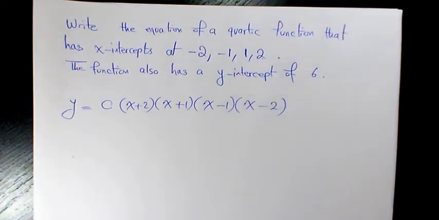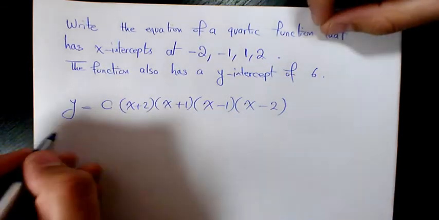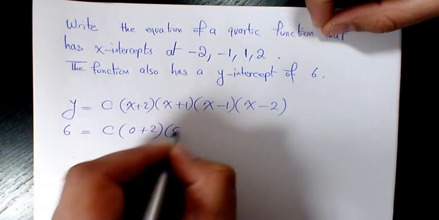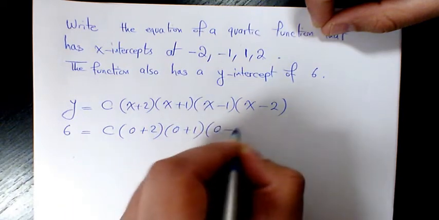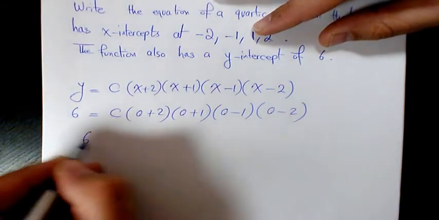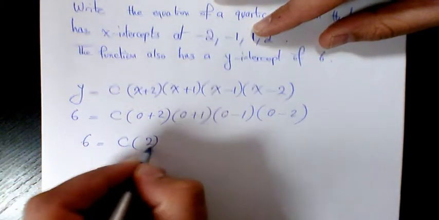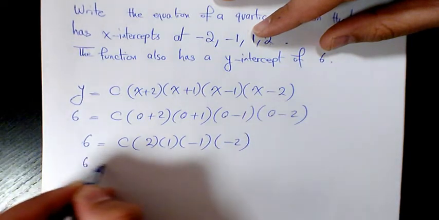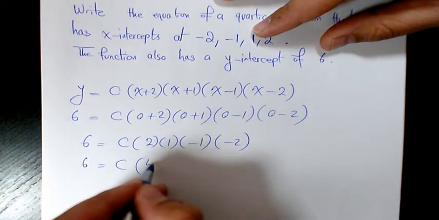The y-intercept is when x is 0, and that's going to be 6. So 6 equals c times (0 plus 2), (0 plus 1), (0 minus 1), (0 minus 2). So 6 is c times 2 times 1 times -1 times -2, that's going to be +4.